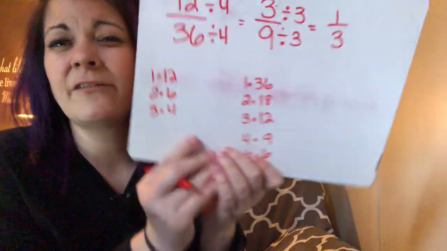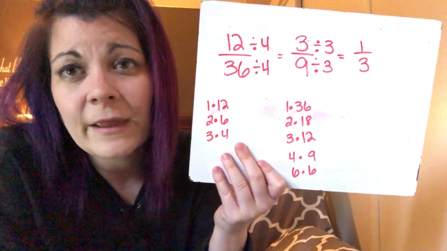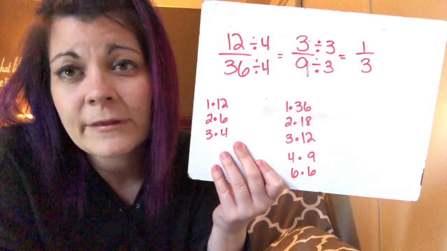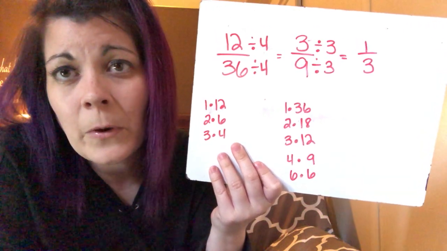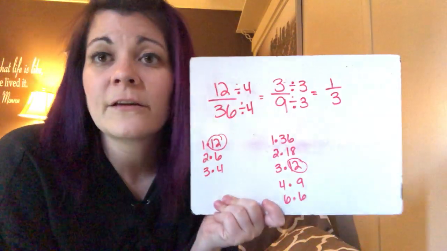And so you're going to have to list all the factors. And then you're going to have to say, well, what do they have in common? I see that they have a 6 in common. Oh, but look here. I see that they have a 12 in common. And that's the greatest common factor. So 12 over 36, if we divide them both by 12, you get 1/3.